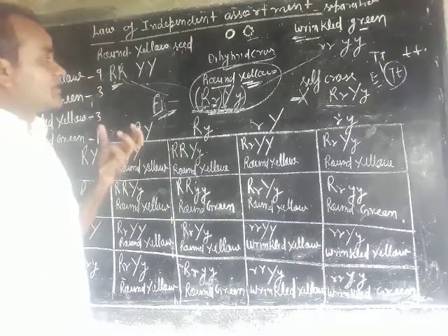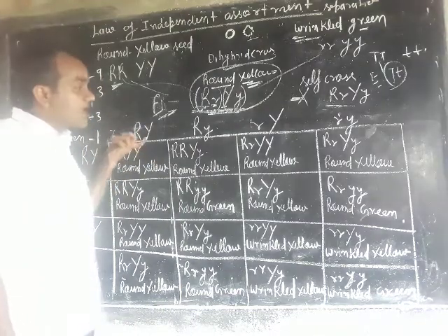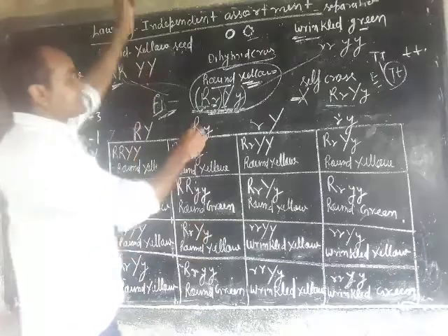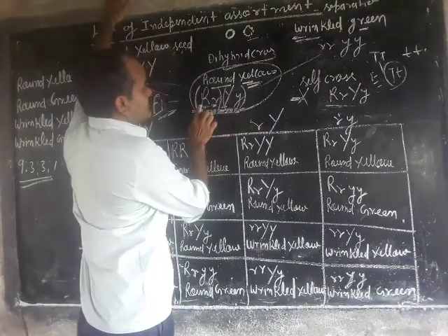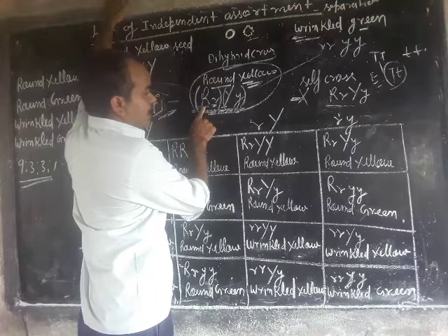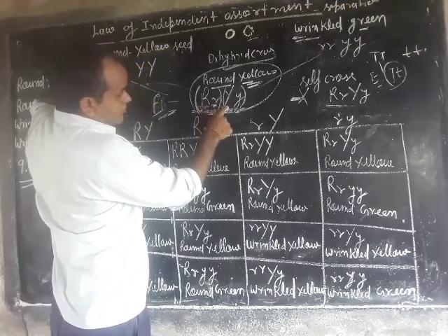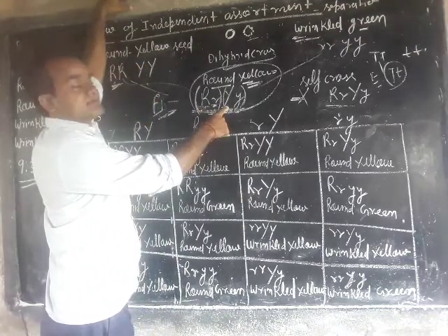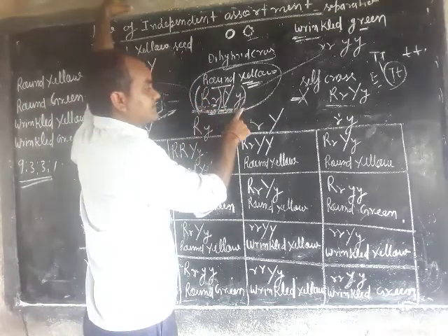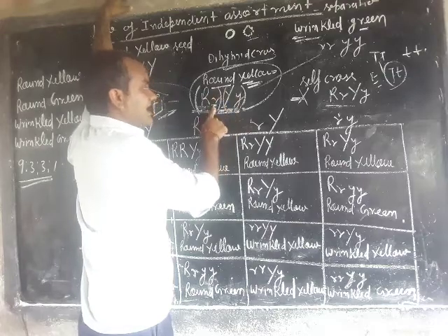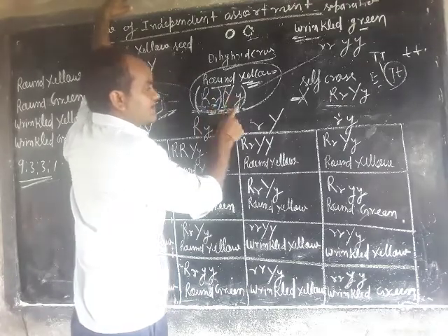In the self-cross, this is the pattern by which we can make the gametes. We multiply capital R with capital Y, capital R with small y, small r with capital Y, and small r with small y.